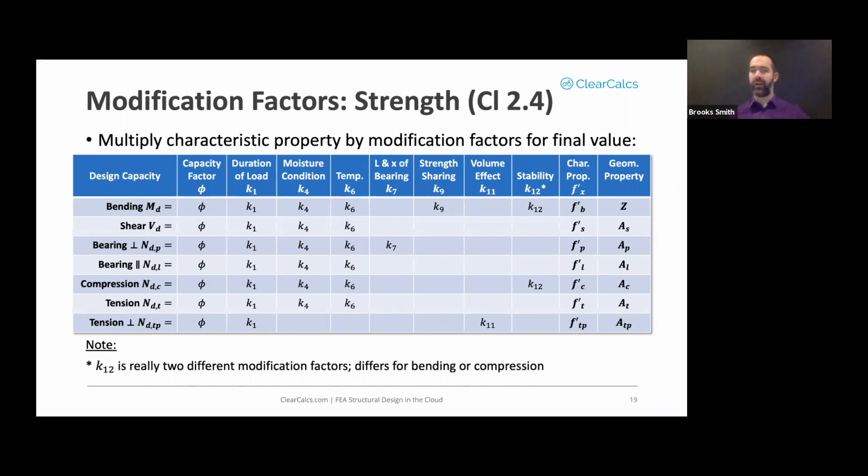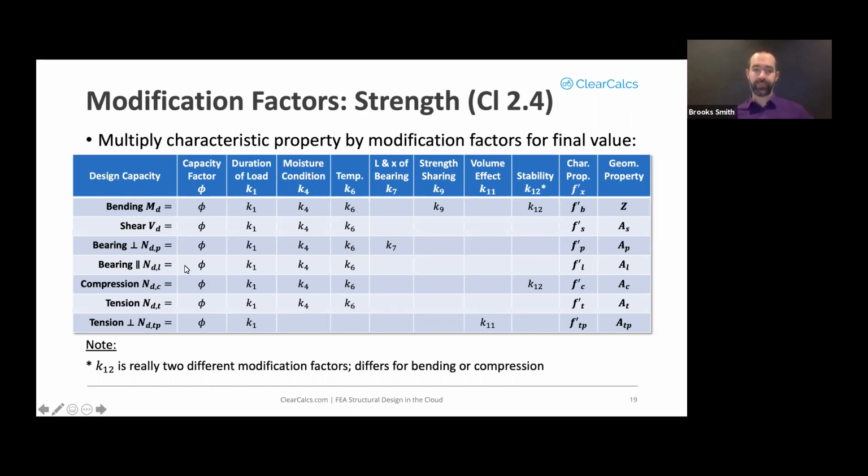What they are is values that you multiply by the characteristic property and a geometric property in order to get the design capacity. So the standard doesn't give you a table like this, although the equivalent US standard does, and I find it helpful, so I figured I'd reproduce one for you here for Australia.